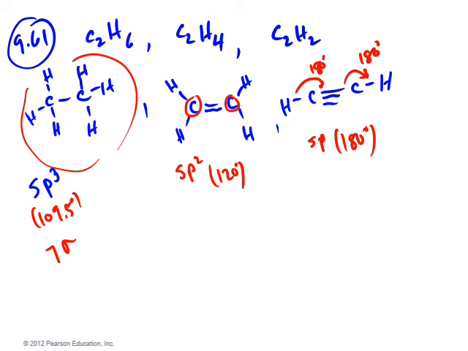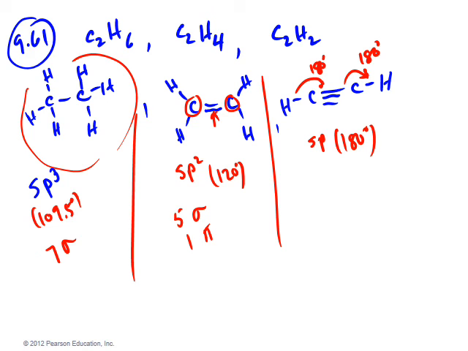In the second molecule, all the carbon-hydrogen bonds are sigma, so 4 carbon-hydrogen bonds are 4 sigma, and then one of the bonds between carbon and carbon is sigma. Even though it's a double bond, they look alike, but one is sigma, one is pi. So altogether we have 1, 2, 3, 4, 5 sigma and 1 pi.